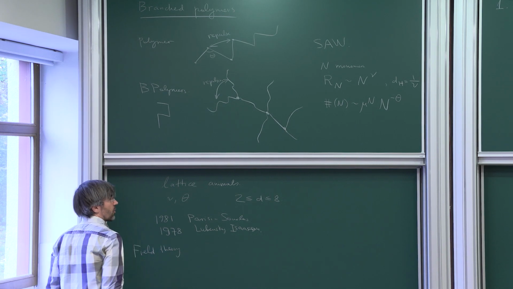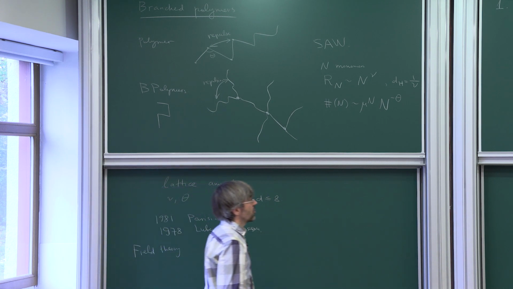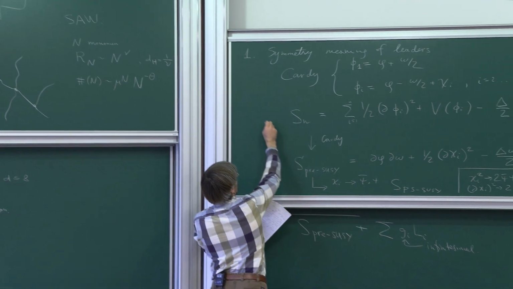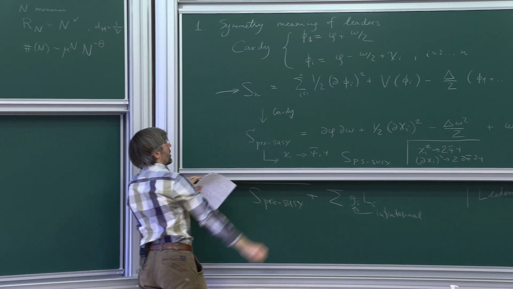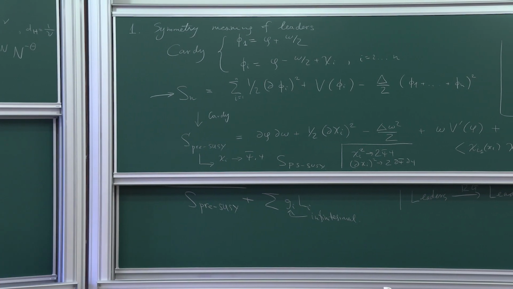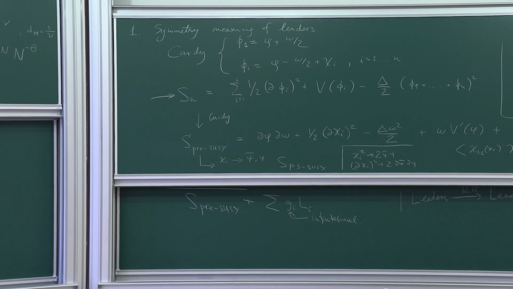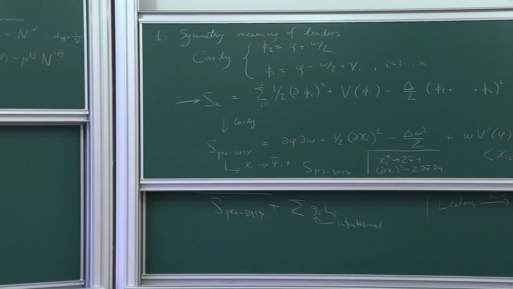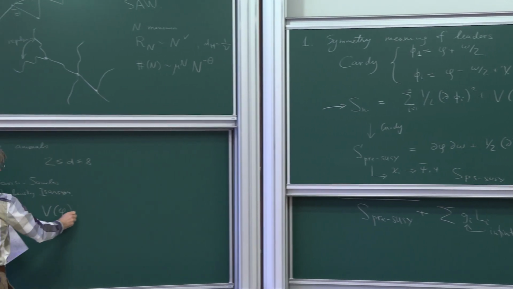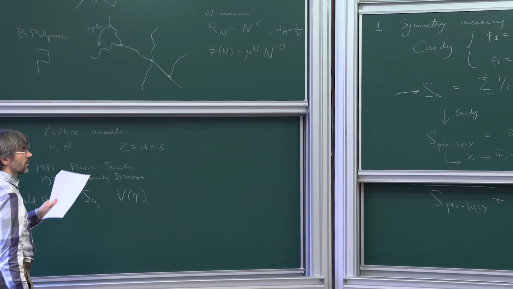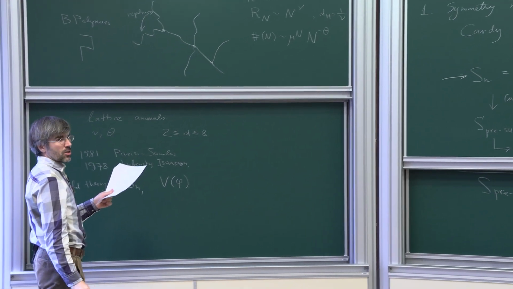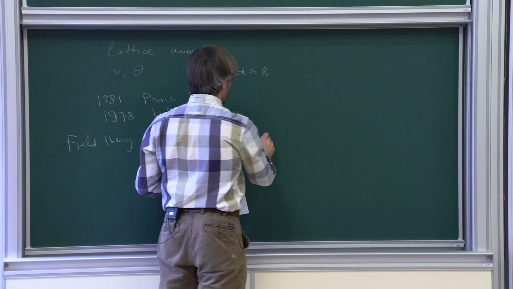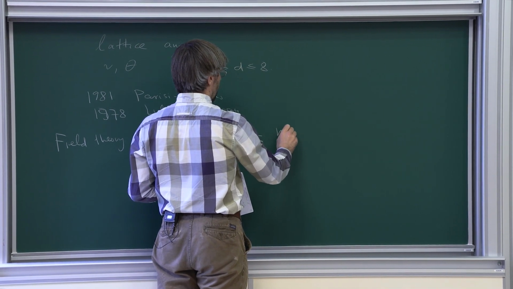And the field theory for the branched polymers turns out to be exactly the same as the replicated action for the random field Ising model, except that you are supposed to take the potential V of phi not quartic, as we were taking for the random field Ising model, but a cubic potential.